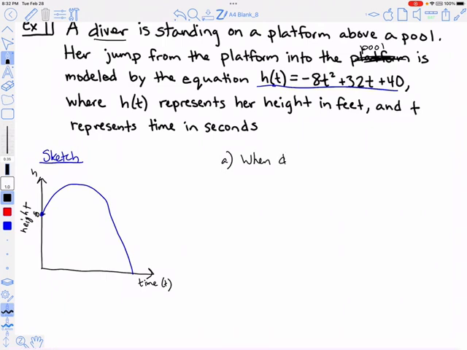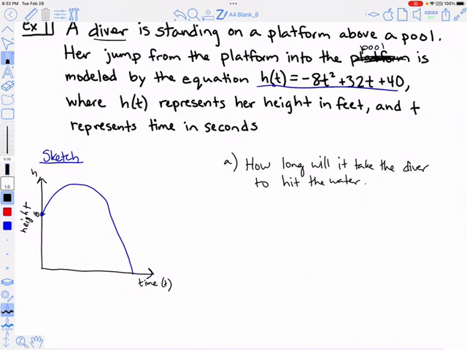After how much time, how long will it take to hit the water? We could refer back to the reference on the previous page, or we can look at our sketch to see what makes sense.